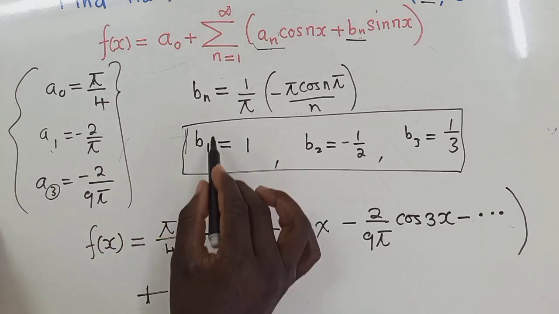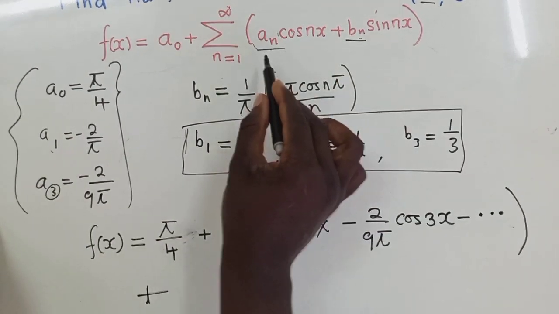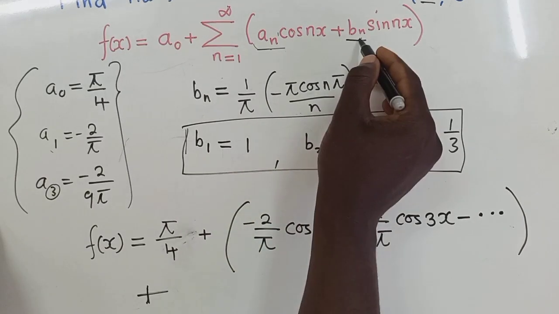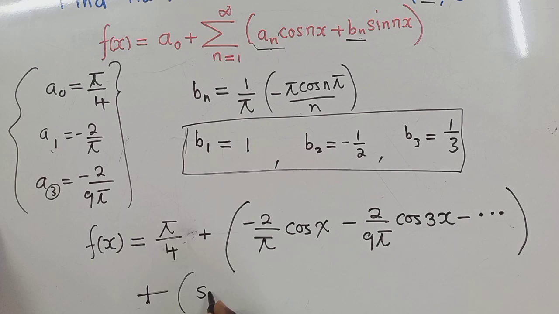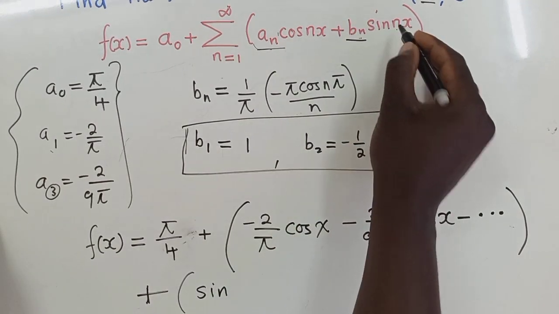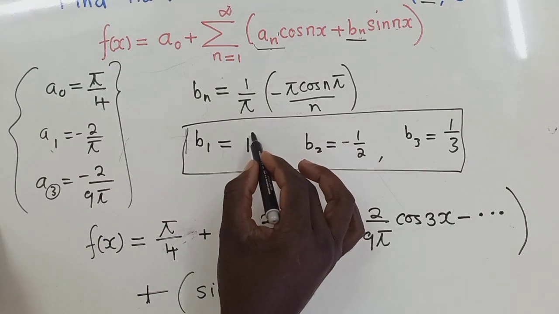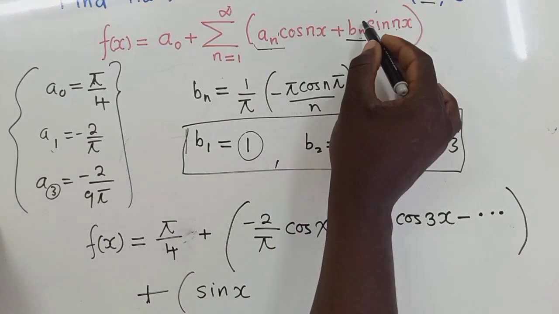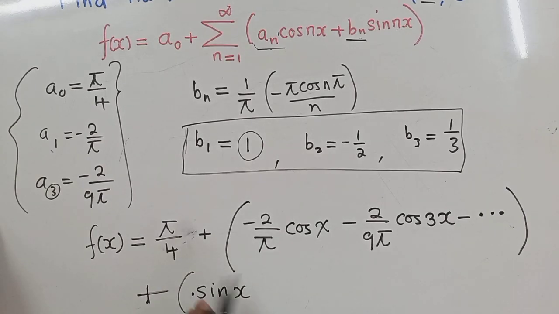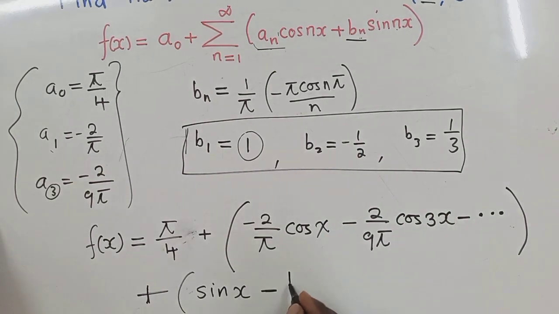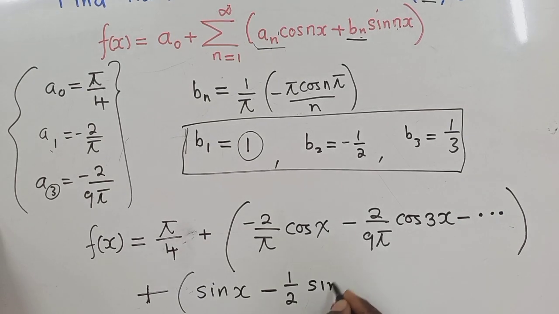Now we start dealing with this B. We are done with A. We go to B. Our first term on B is a 1. So we just say sine. Here I'll put a 1, so it will just be sine x. Because if I put this 1 right here, I'll just get the same thing. Next, we say minus, because this right here has got minus 1 over 2 sine.